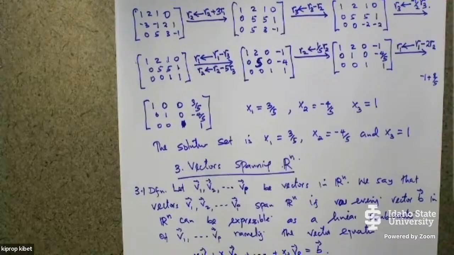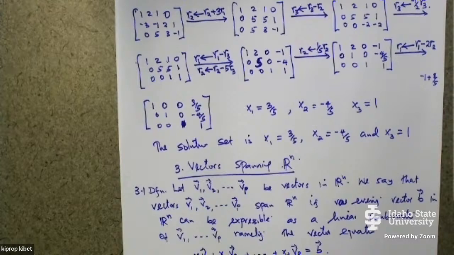So if you have these vectors in Rn, and every vector b in Rn can be expressible as a linear combination, look at what we meant by the linear combination. The vector equation is of this form.